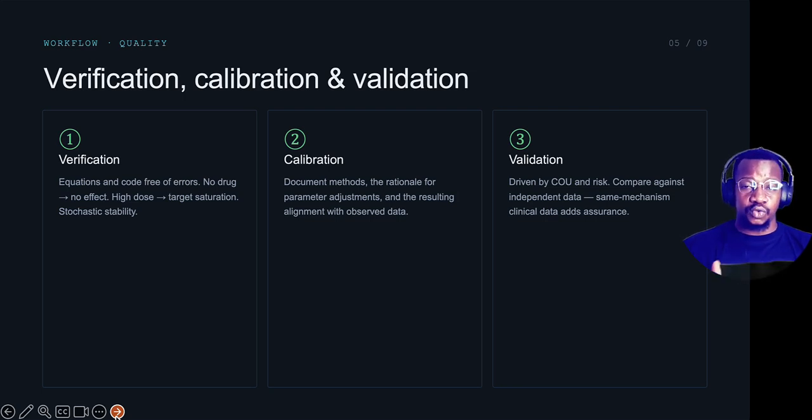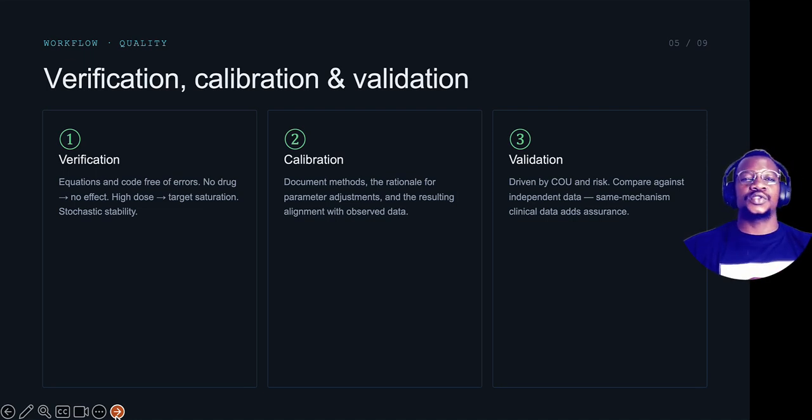Your simulation equations, if you are lost on what sort of equations we are talking about, should check out logically, right? For example, if you have not introduced any drug, we should not be seeing your simulation run like there's an effect and there's no drug at all. They should follow logic.